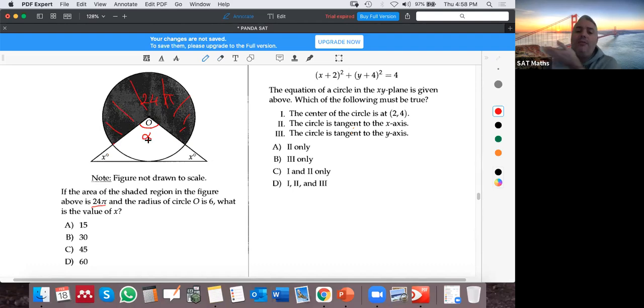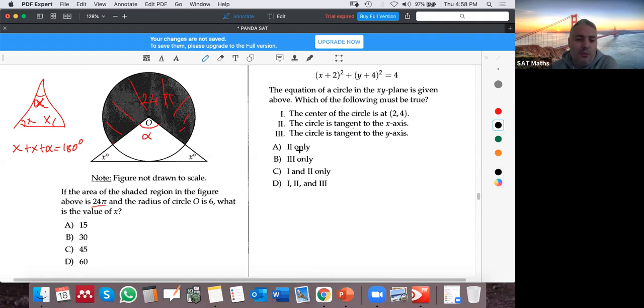So I should try to find alpha. When we find alpha, x plus alpha is 180, and we can find it. So the problem is finding alpha here. How can I find alpha?